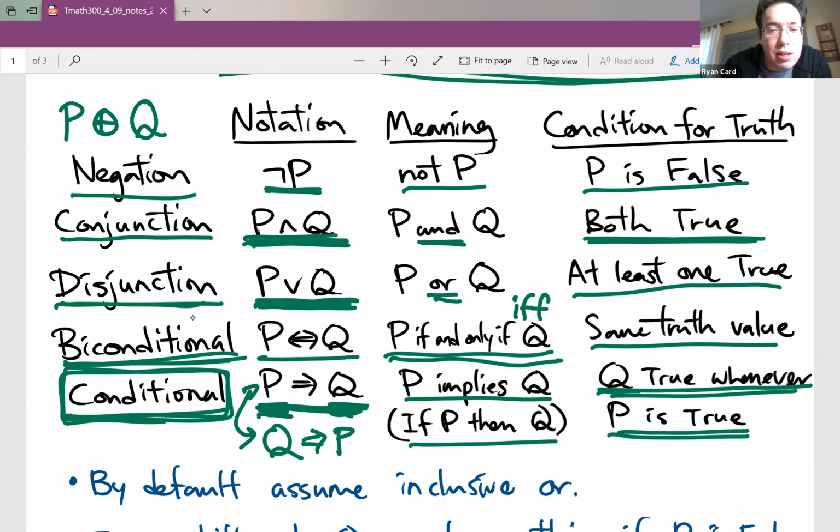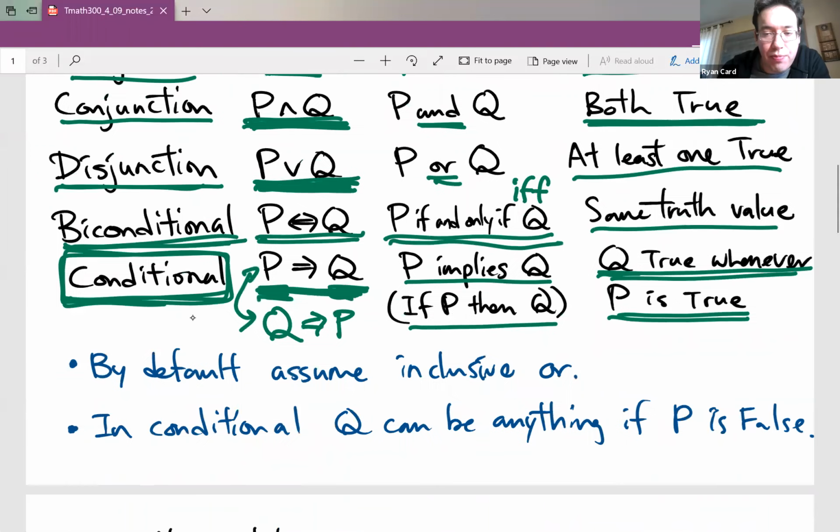With conjunction, disjunction, and biconditional, all of those, if you flip P and Q, it actually means the exact same equivalent statement. But with conditional, which part of the sentence comes before and after the arrow does matter.